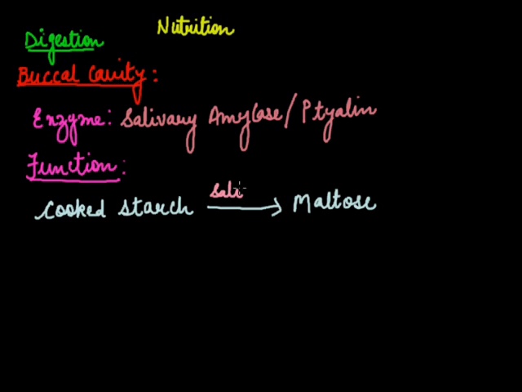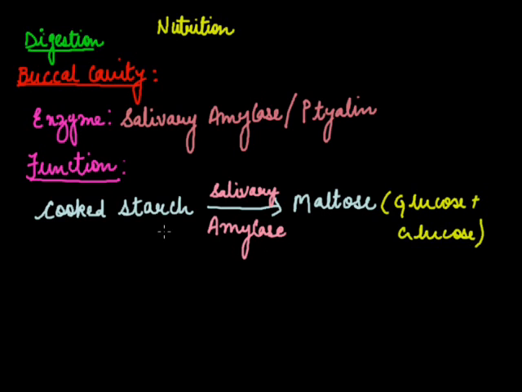And what does maltose comprise of? Maltose comprises two molecules of glucose, that is glucose plus glucose. So what is digested in the mouth? The cooked starch is converted into maltose by this salivary amylase.